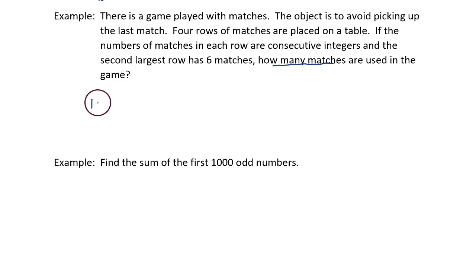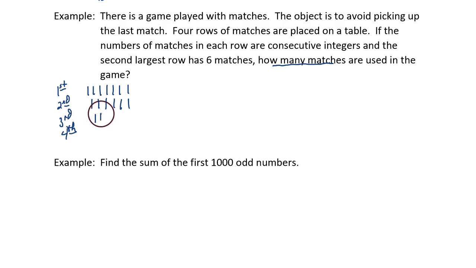So I'm just going to draw lines to be the matches. Here are 6 matches, and that's the second largest row. So the first largest row would have one more than that, 7 matches. And because they are consecutive integers, the third row and the fourth row can be figured out.